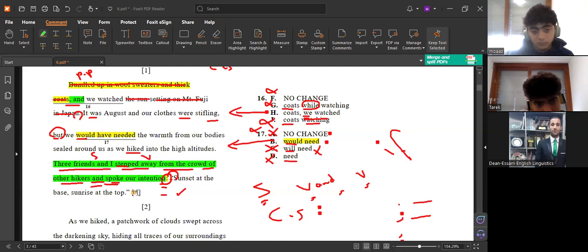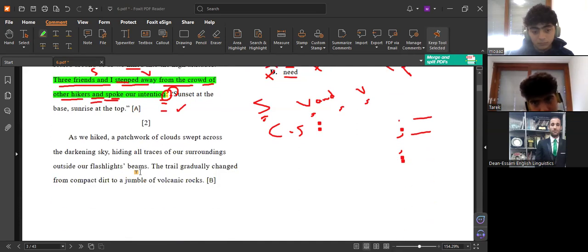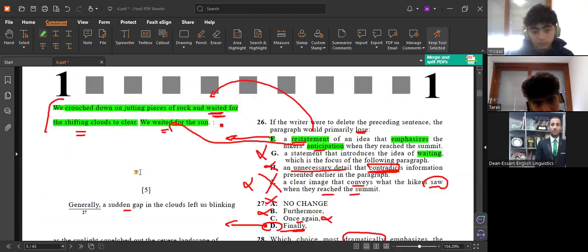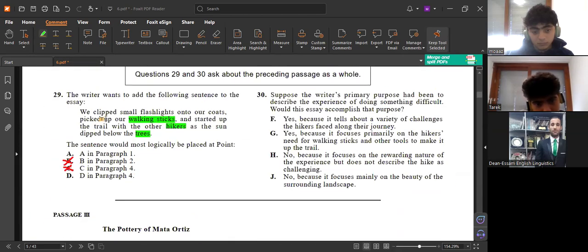Remember, he put it here. Look, other hikers. Now we go to the next: we clipped, look, with our walking sticks. So it could be number 1, but wait for number 4.